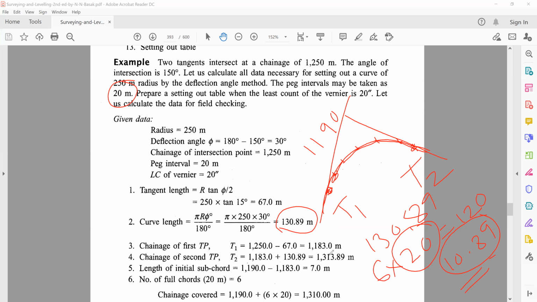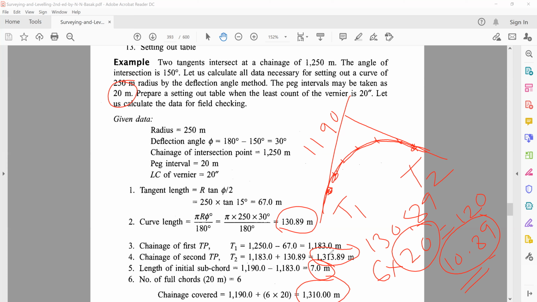That means 7 becomes the length of my initial subchord. Afterwards, I use the given chord length of 20. So 1190 plus 6 into 20, I get 1310. This is the distance that I have covered on the curve, and the last point is supposed to be 1313.89.